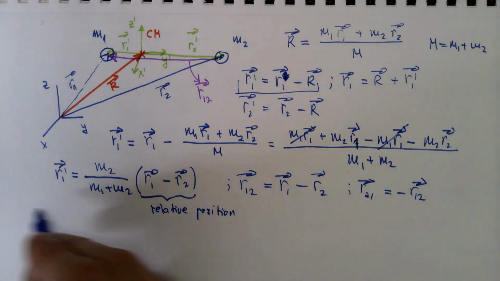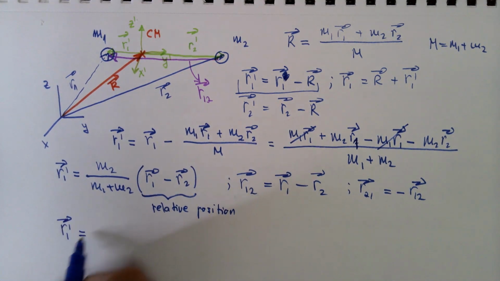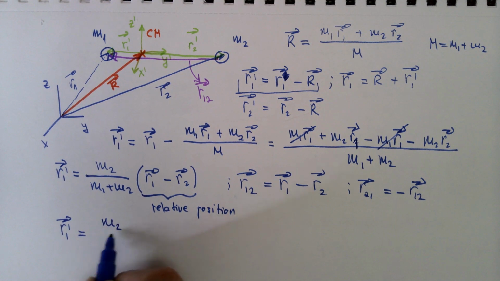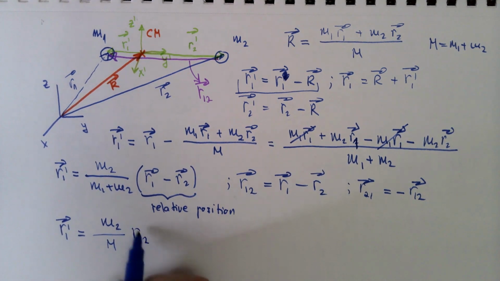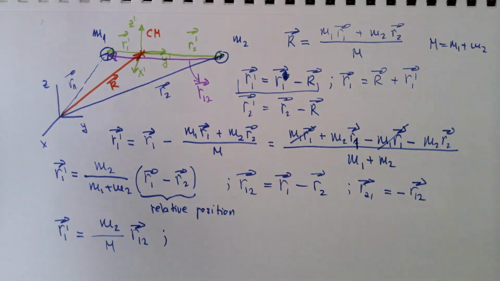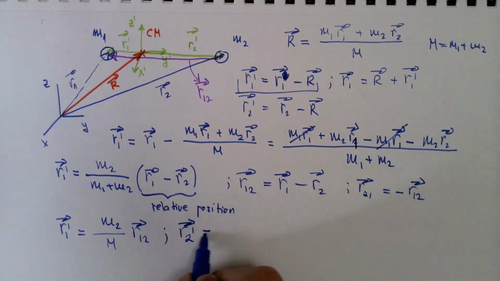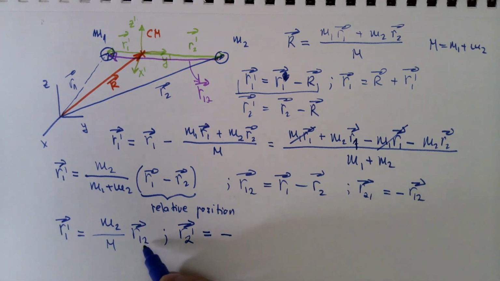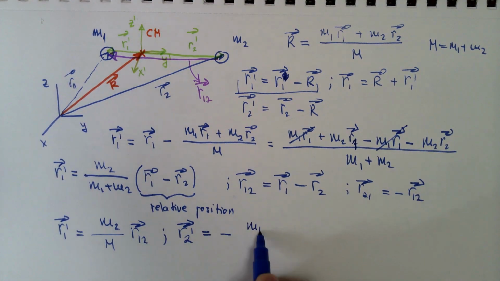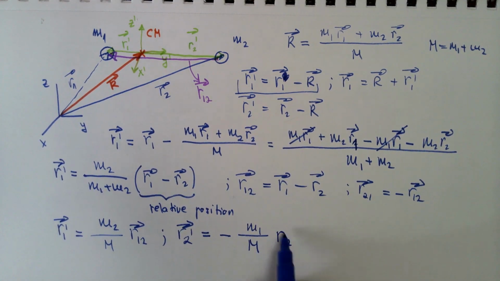We can write, therefore, that r1 prime is equal to m2 divided by the total mass of the system, times r12. And similarly, of course, we could write that r2 prime is equal to minus, because we will have r21, m1 divided by M, times r12.